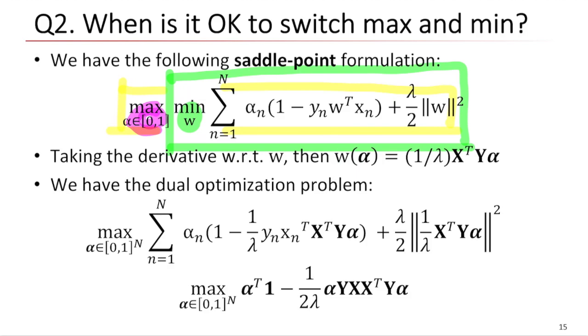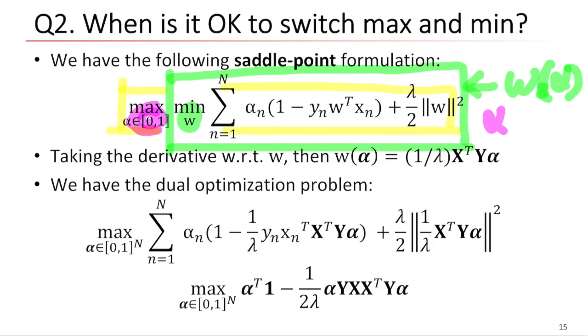I mean, if we can find the W in terms of some function of the alpha, right? Then we can represent the alpha.